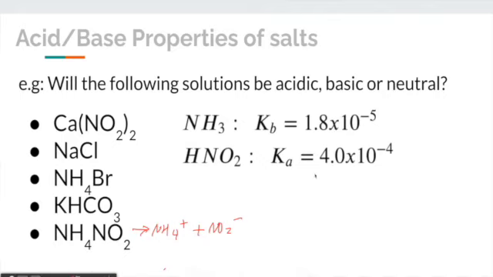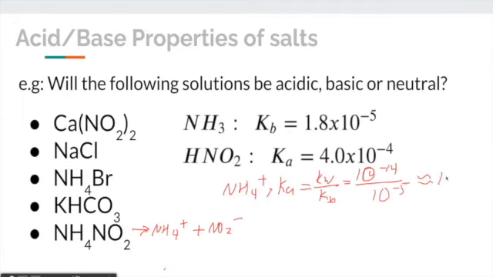For ammonia, Kb is 1.8 times 10 to the minus 5. So that means for ammonium, NH4 plus, the Ka is going to be equal to Kw divided by the Kb for ammonia. So that's 10 to the negative 14, that's Kw, divided by approximately 10 to the minus 5. So this is going to be about 10 to the negative 9.